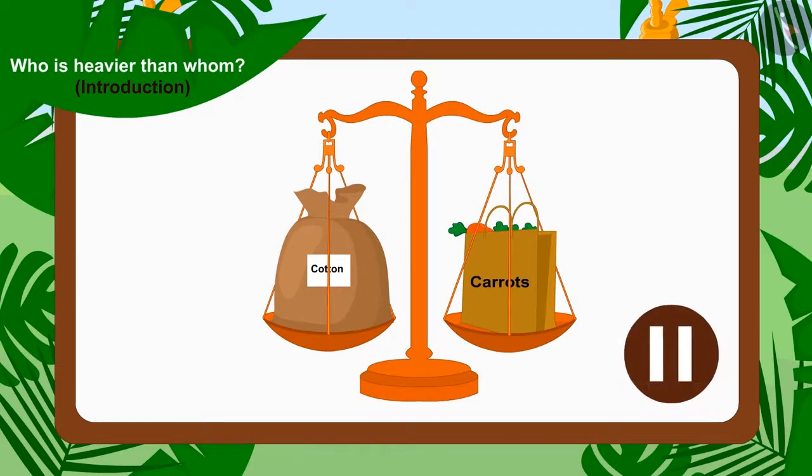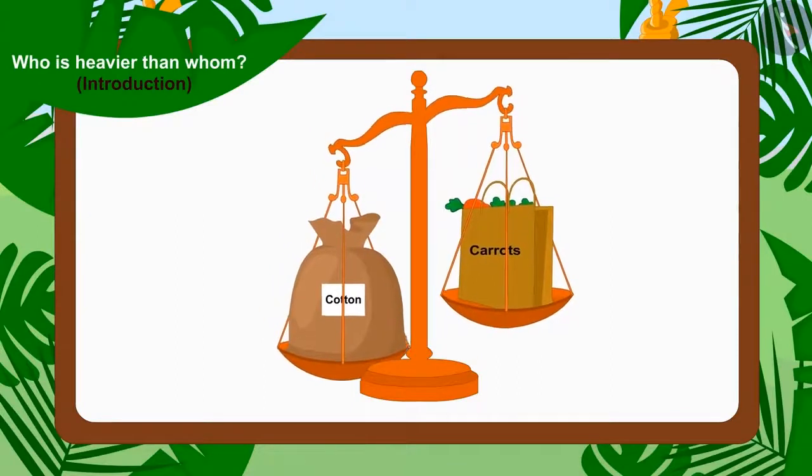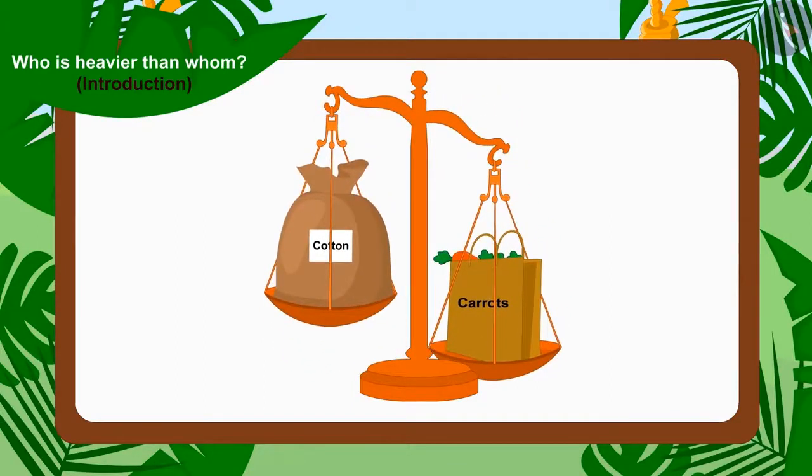If you want, you can stop the video and find the answer. Well done, children! You have found the right answer. The weighing scale tipped towards Bunny's carrot bag. That is why Bunny's carrot bag is heavier than Bhola's bag full of cotton.